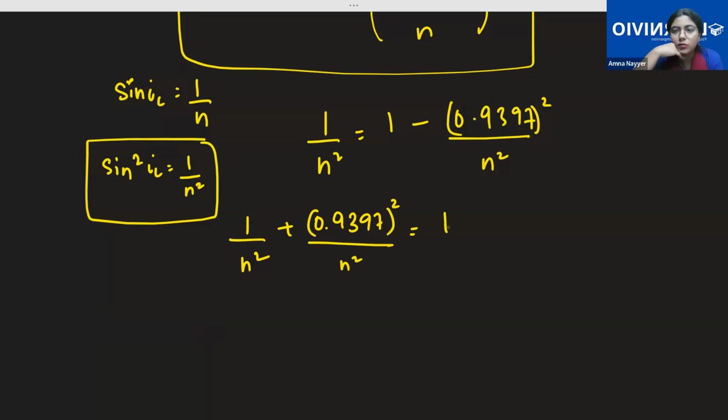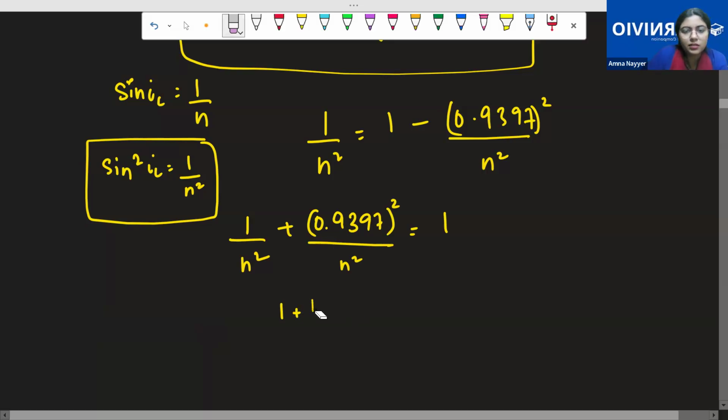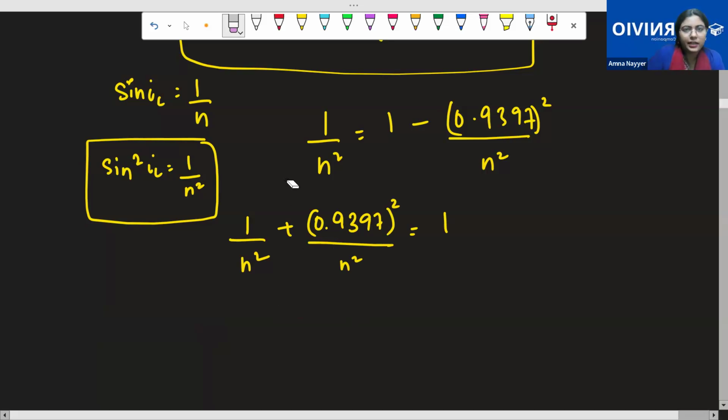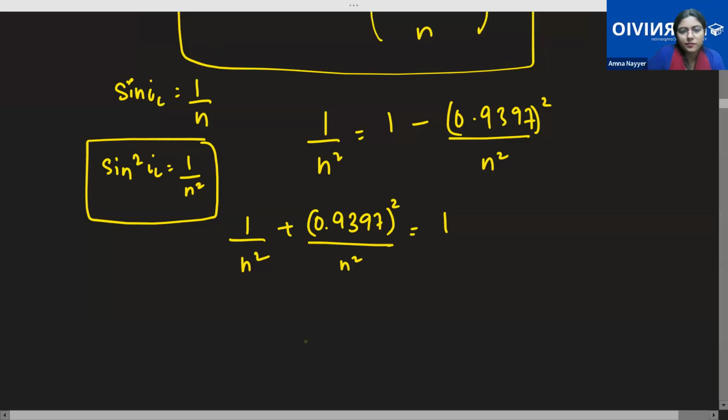If we shift this term over, here it is getting subtracted, so there it will be added. 0.9397 squared is around 0.88.